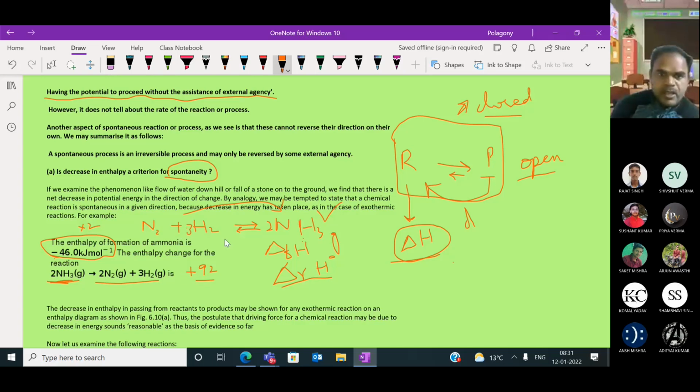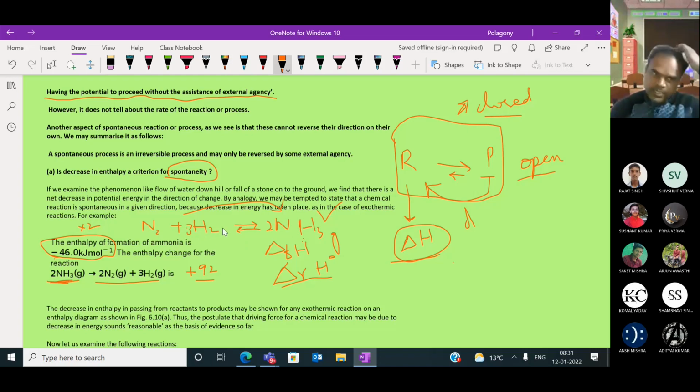That means the formation of ammonia, the forward reaction, is exothermic, and if ammonia is taken in a closed container under the same conditions, it will decompose to form nitrogen and hydrogen.